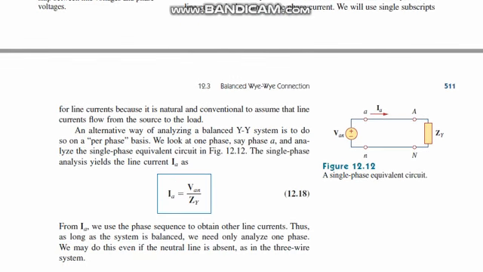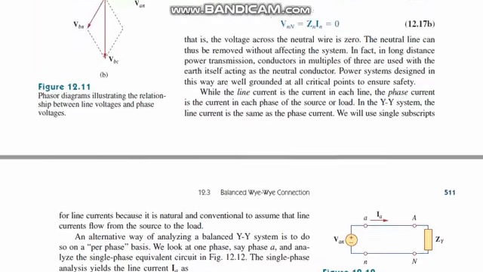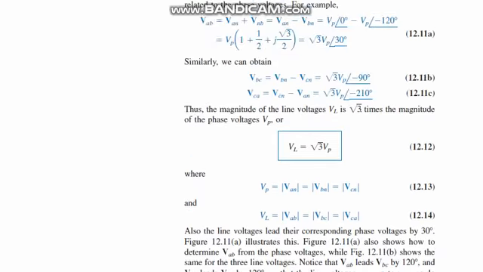That is the equation of a line current. Each line carries a phase current, so VAN divided by the load impedance per phase of the Y connected load.